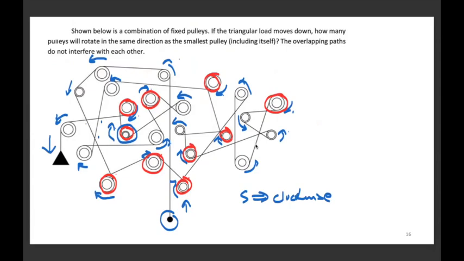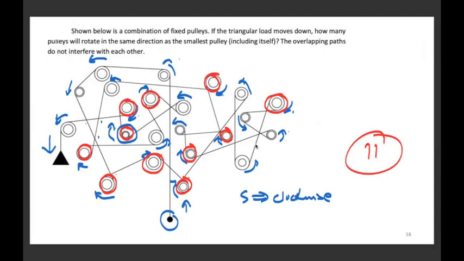And yeah, hang on a second, there's one more. Yeah, even this one, 11. That makes a total of 11 pulleys that are moving in clockwise direction.